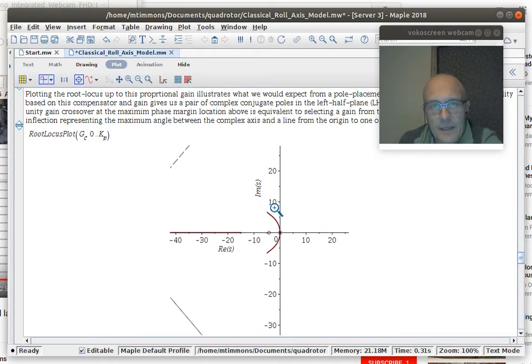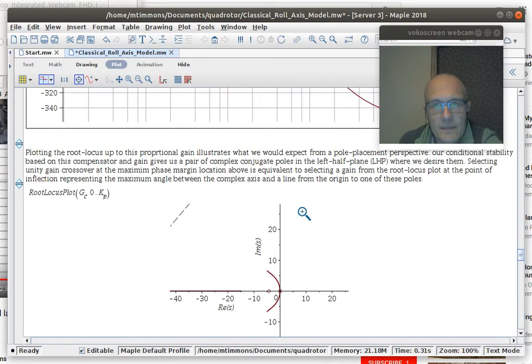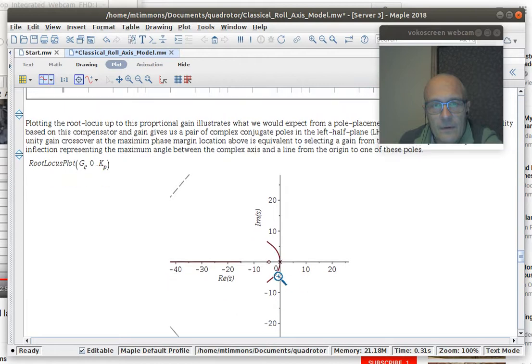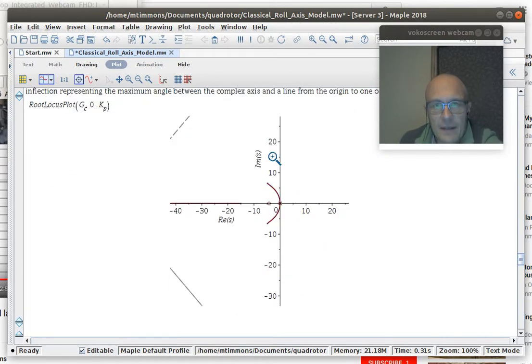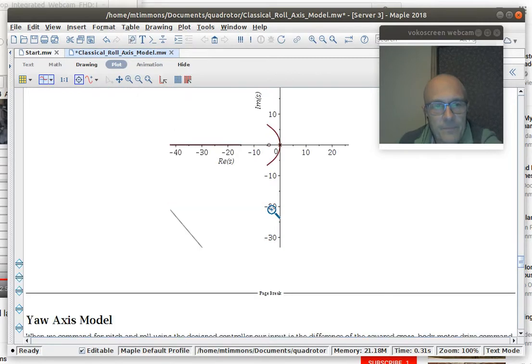It's related to this angle between the y-axis and that pole there, so this angle right in here. So we can expect to get something like a second order response, again just from that dominant pole pair there.